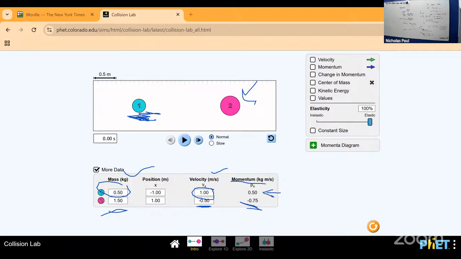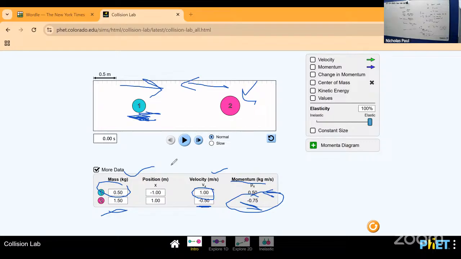You'll also recognize a little sign in front, which shows that it's negative. When you move in this direction, momentum is positive. When you move in this direction, momentum is negative. So momentum is the product of both of them.